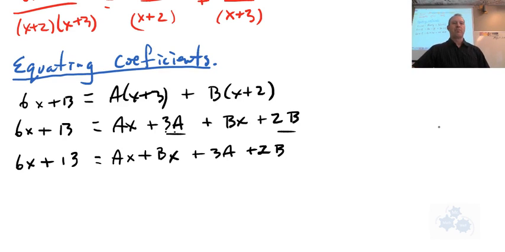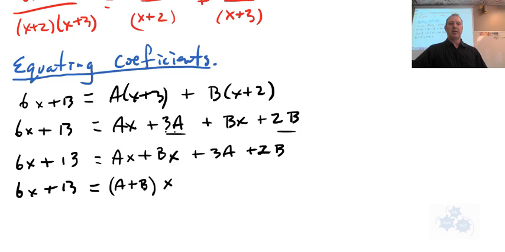Okay? One more step, and you'll see why I do this step in a minute. I'm going to factor an x out, and I'm going to write this as a plus b times x. And over here, you don't have to factor anything out, but I'm just going to put some brackets around these two terms because they're all added. Okay.